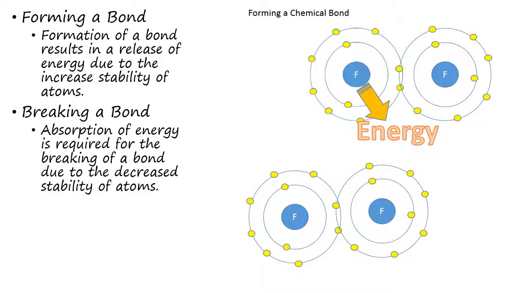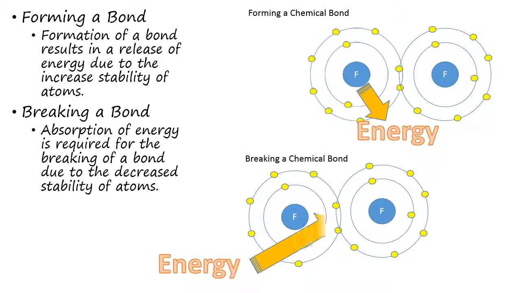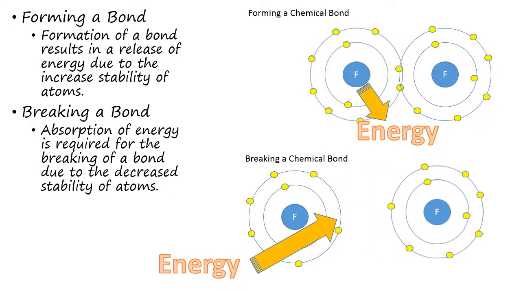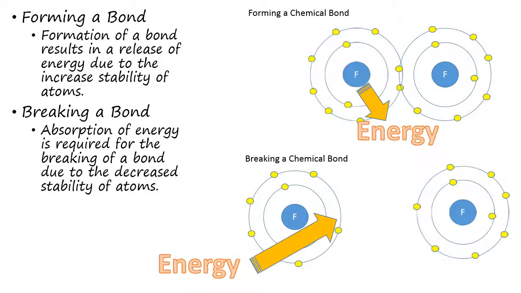And again, this is due to that decreased stability of atoms. So in order for these atoms now to have less than 8 electrons, since they want 8 electrons, energy is going to be required to remove or separate the 2 atoms and break the bond.